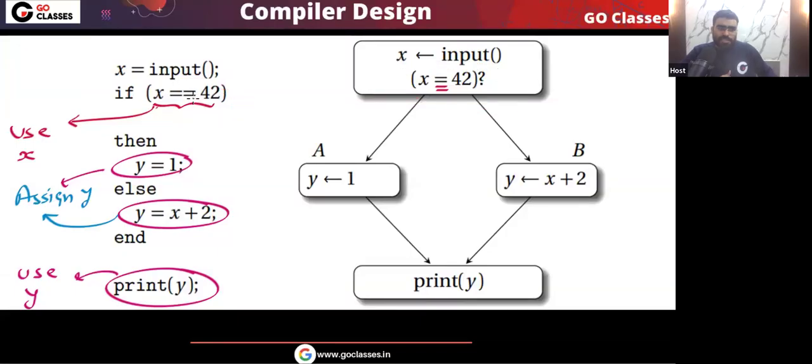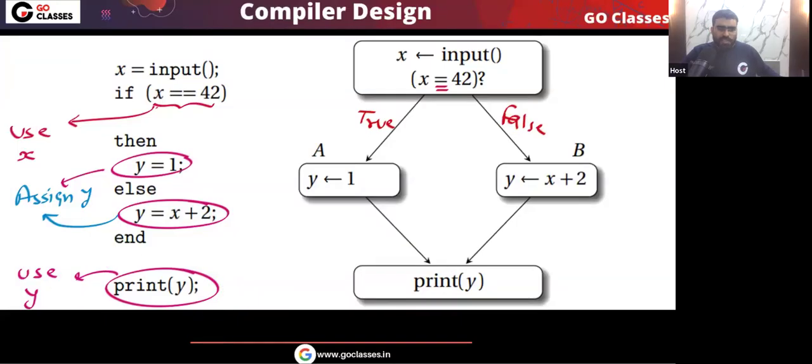If x is equal to 42, meaning this is true, then you execute y equal to 1. And if this is false, then you execute y equal to x plus 2. After that, at the end, you execute print y. Yes or no?